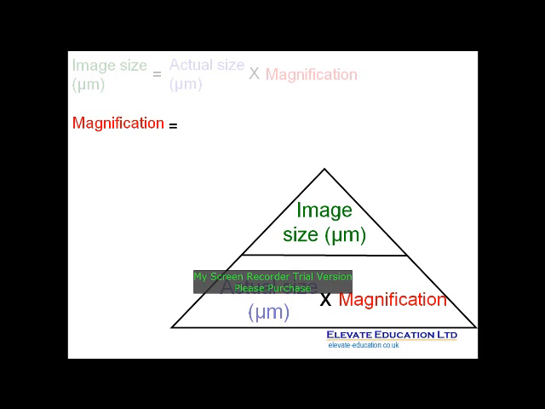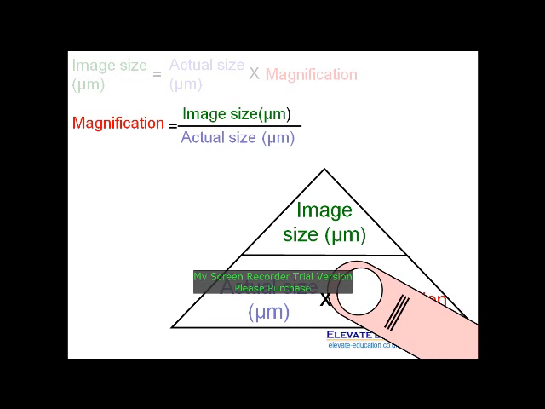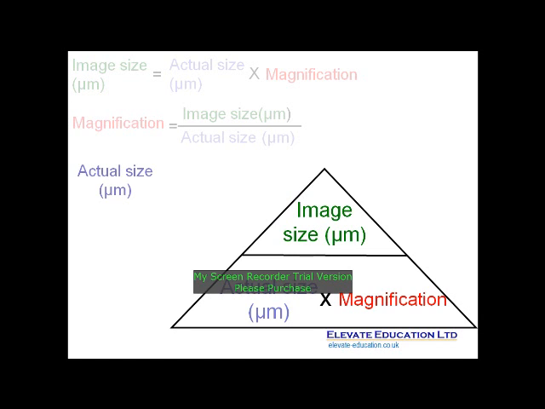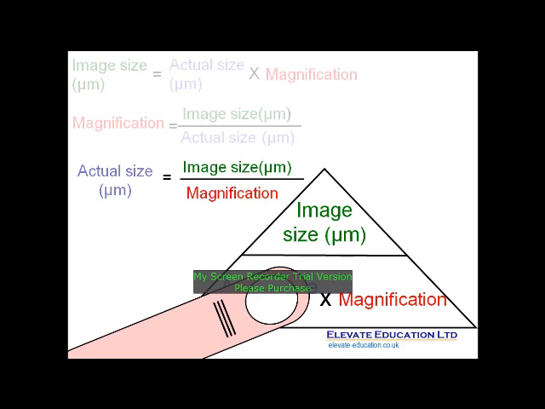If we're trying to calculate magnification, in turn we cover up magnification, and we can see magnification is equal to the image size divided by the actual size. And if we're trying to work out how large or how big something is in the real world, its actual size, we need to divide the image size by the magnification.